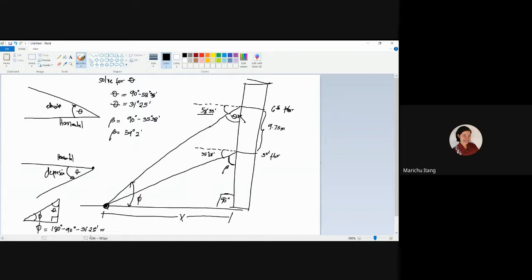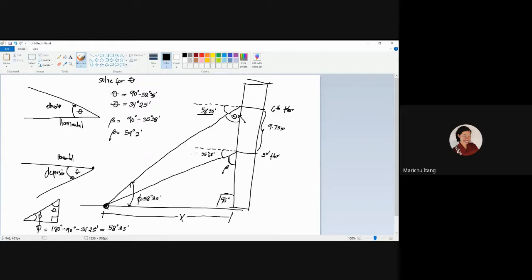That is 90 minus 31 degrees 25 minutes, which is 58 degrees and 35 minutes.